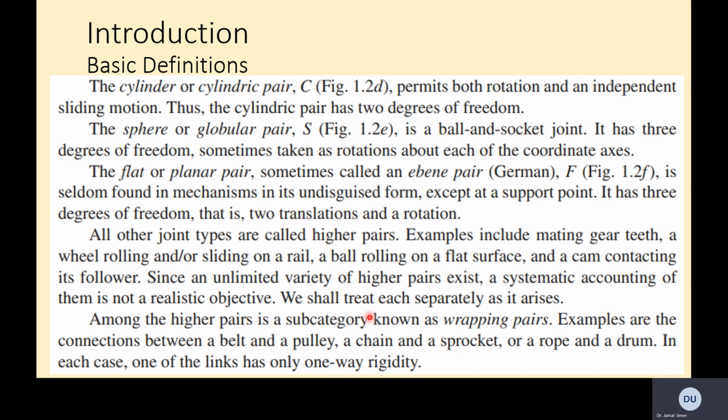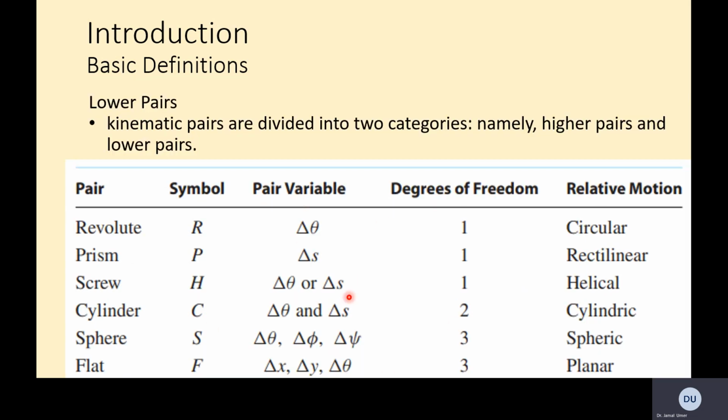And it was discussed that we shall treat each separately as it arises. So the higher pairs would be discussed individually rather than having such classifications. And all of these pairs were summarized in one table, including revolute, prism, screw, cylinder, sphere, flat.